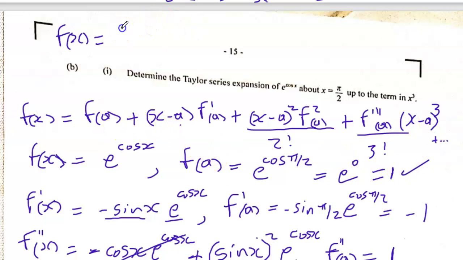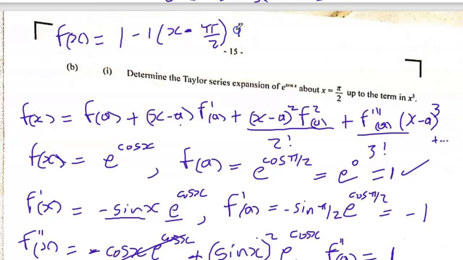So 1 plus x minus pi over 2, where a was pi over 2, times f prime a, and f prime a was what? Negative 1. So I'll have negative 1 outside here.